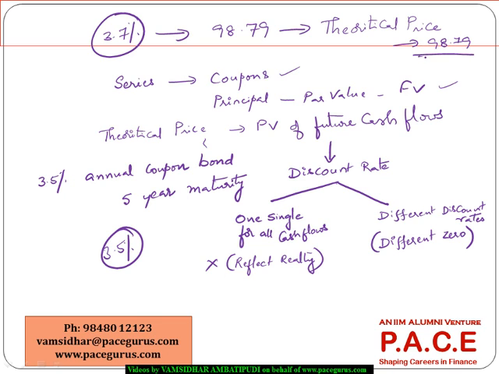If it is available in the market for more than that, I may not buy it, or I may prefer to sell it if I own it. Otherwise, if it is lesser than that, I will try to buy it. But the price of the bond should be somewhere around 98.79 for this kind of bond.